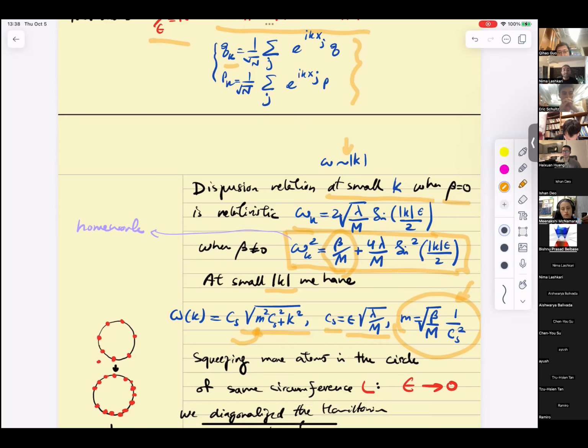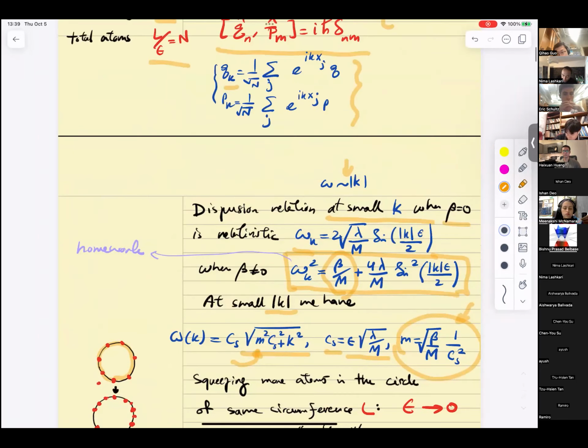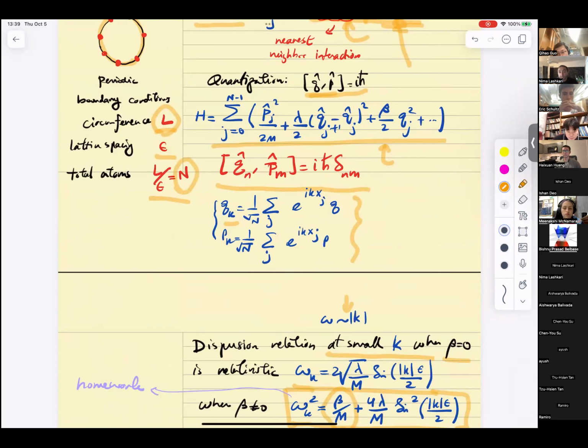All right, we said in lecture 2 that the origin of quantum field theories of the infrared and condensed matter is the continuum limit. So that's when you have your circle and keep the circle fixed. You start squeezing in more and more atoms. Or you can think of it as a model where you take a large N limit, keeping L fixed.